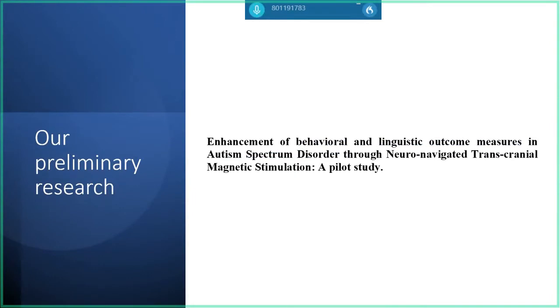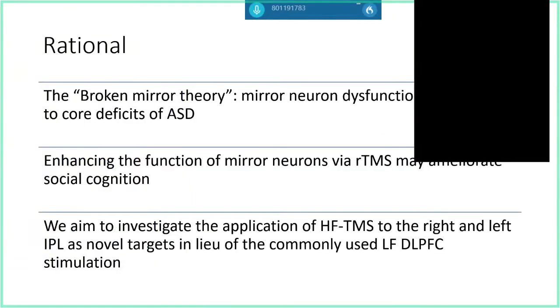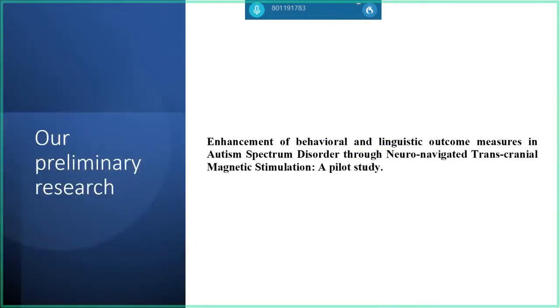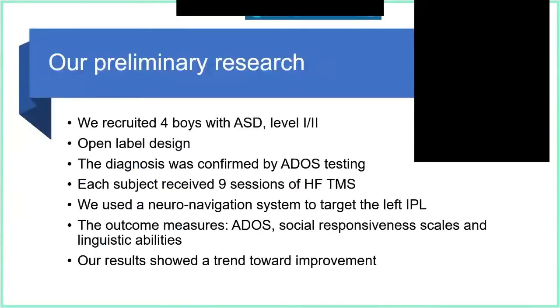So the rationale in our studies focuses on the mirror neurons, with the understanding that this is really the heart and the soul of the autism spectrum disorder. We established this work based on preliminary data of testing 4 patients a few years ago. We basically recruited 4 patients.